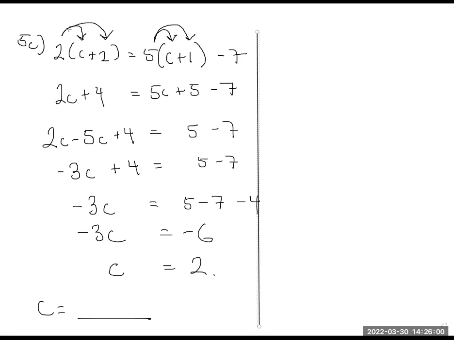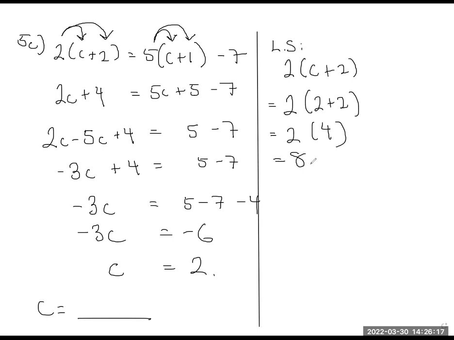Let's check the solution. The left side of my equal sign was 2 times C plus 2. If C equals 2, then that equals 2 times 2 plus 2, which is the same as 2 times 4, which is 8. Okay, right side.